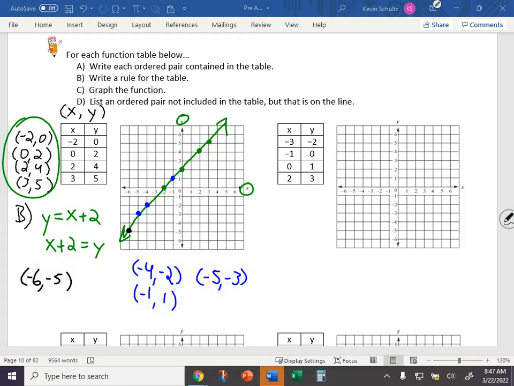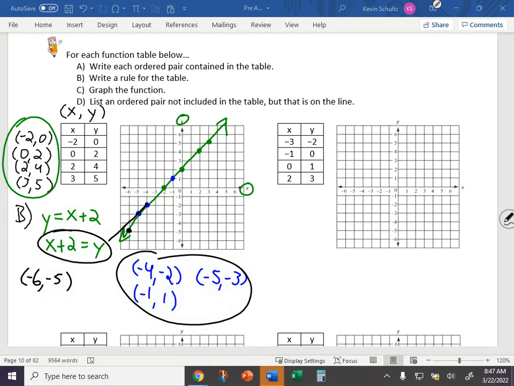Y should equal x plus 2. -6 plus 2 isn't -5. So then I look back and say, oh, I got a little bit sloppy here at the end. My line should continue down like this. That point isn't actually on it. So you can double check your answers by verifying, does my ordered pair follow the rule that I came up with for the table?